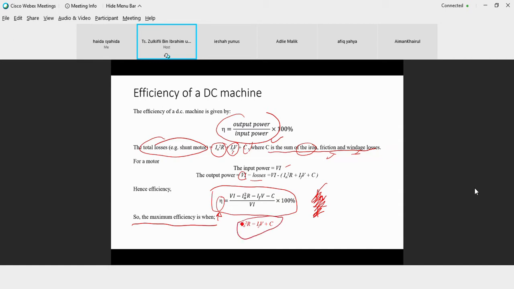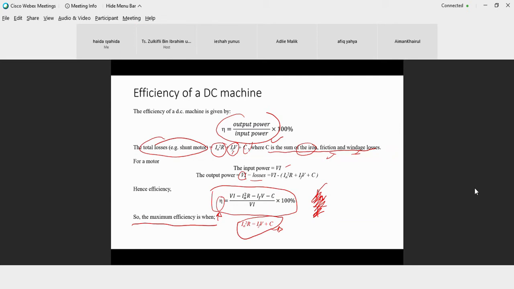This is the equation of the condition where your machine can run at maximum efficiency.